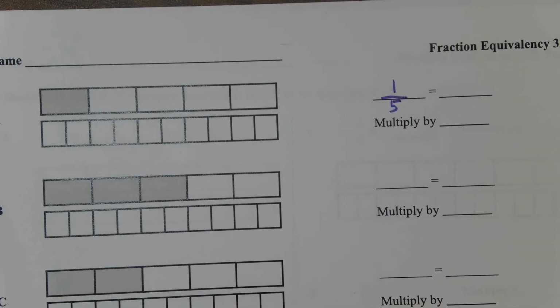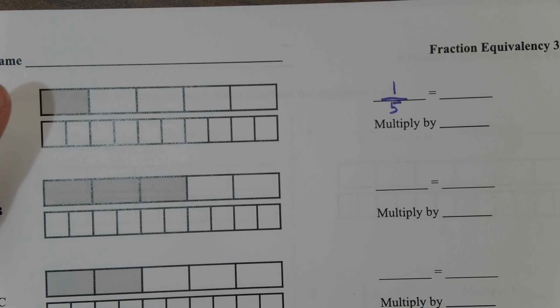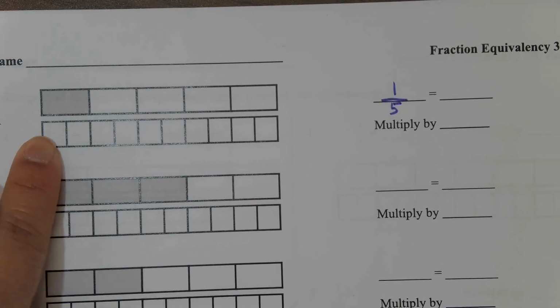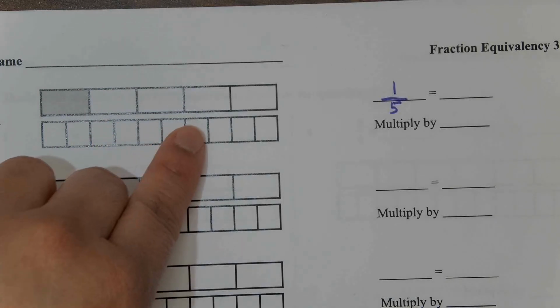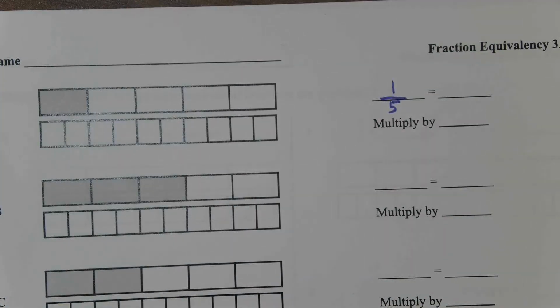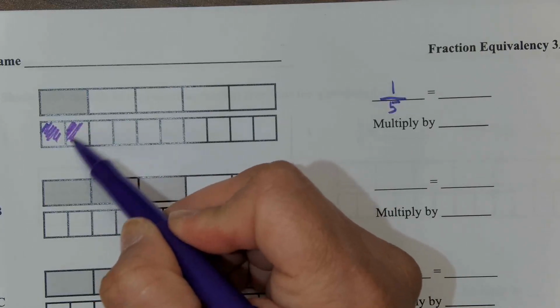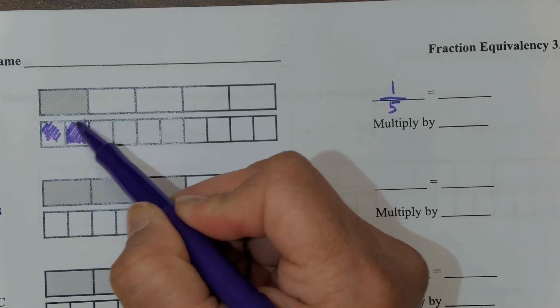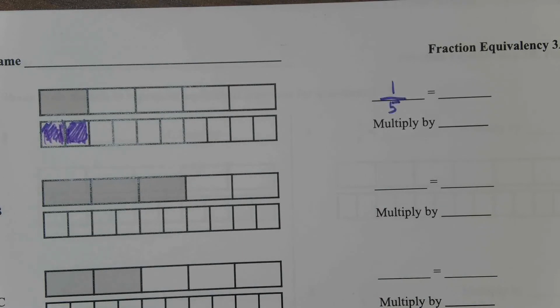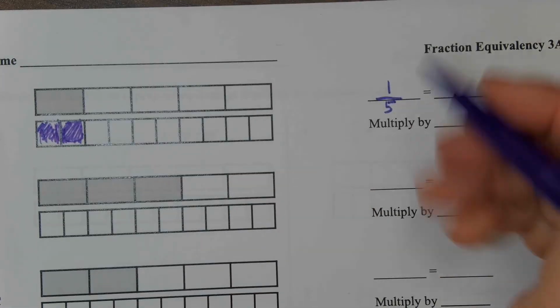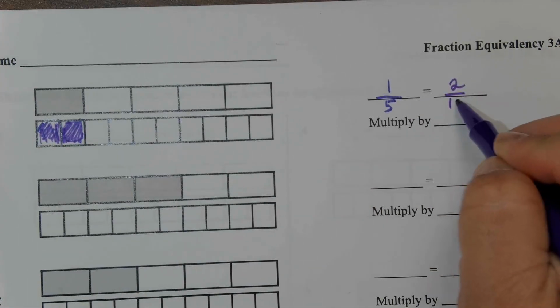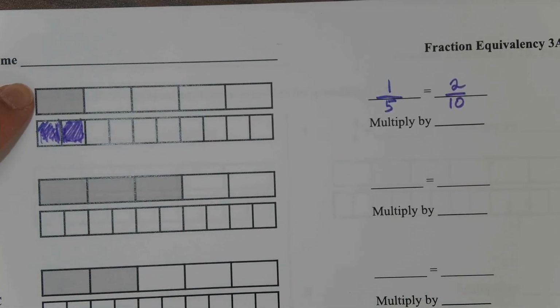Okay, 1/5. And let's look at the bottom rectangle. How many equal parts does this bottom rectangle have? 1, 2, 3, 4, 5, 6, 7, 8, 9, 10. 10 equal parts. How many parts have to be shaded to equal 1/5? 2. 2 parts out of 10. 2 out of 10 to equal 1/5.